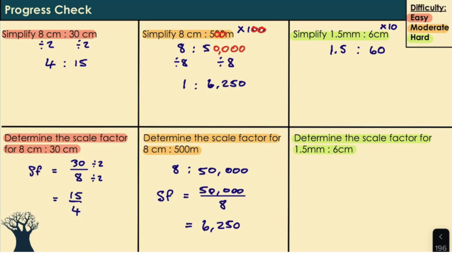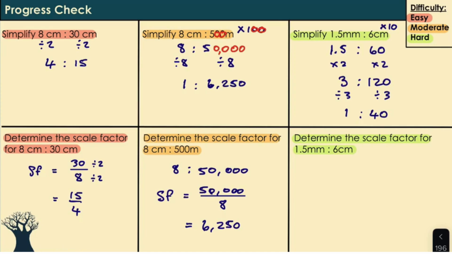So we need to get rid of the decimal. Let's multiply both sides by 2. And on the left, we will get a 3. And on the right, we'll get 120. Now we can simplify. Is there a greatest common factor for 3 and 120? Yes, we divide by 3 and we divide by 3. 1 is to 40. There is our final simplified ratio.